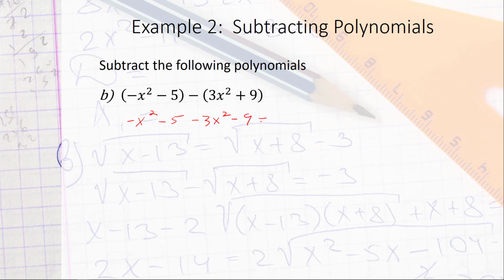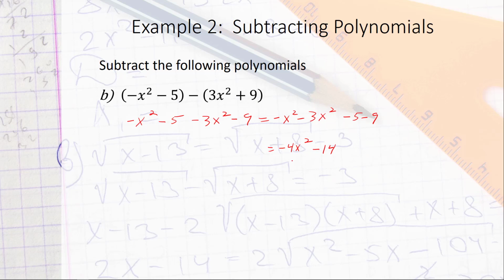Now we can group the like terms. That'll be negative x squared minus 3x squared, and then minus 5 and minus 9 for the constant terms. Negative x squared minus 3x squared is just simply negative 4x squared. And then minus 5 minus 9 is just simply minus 14. And there you go, that's it.